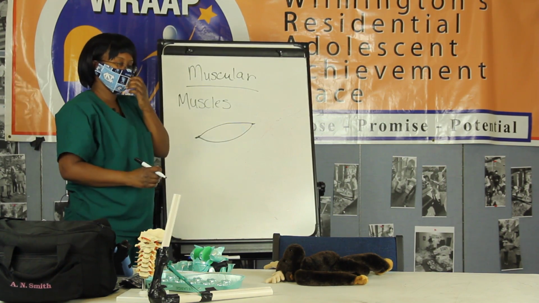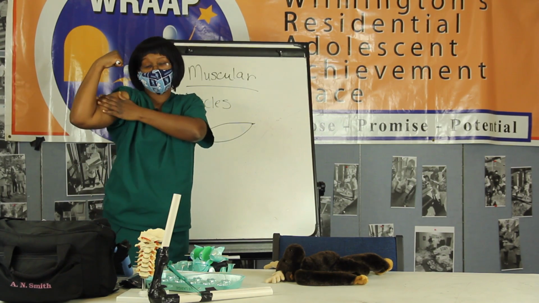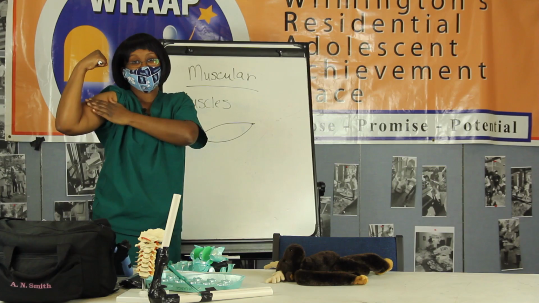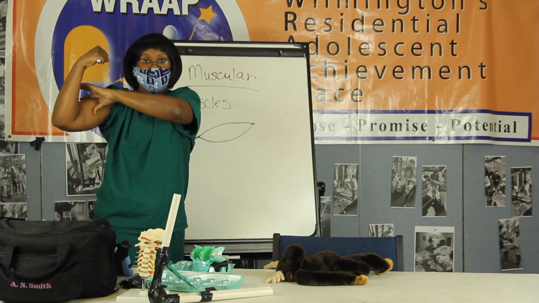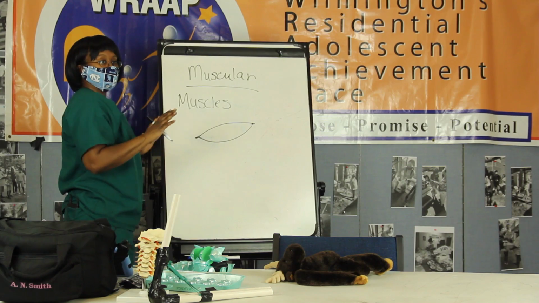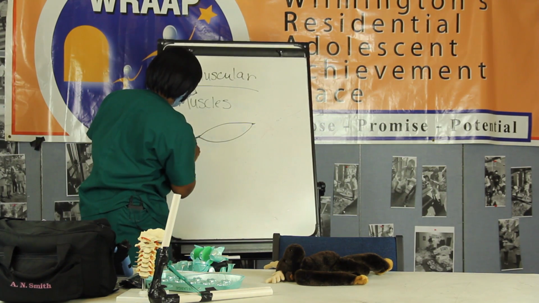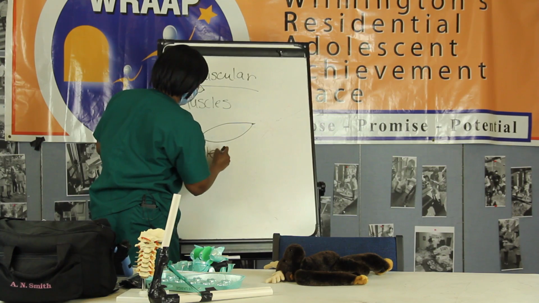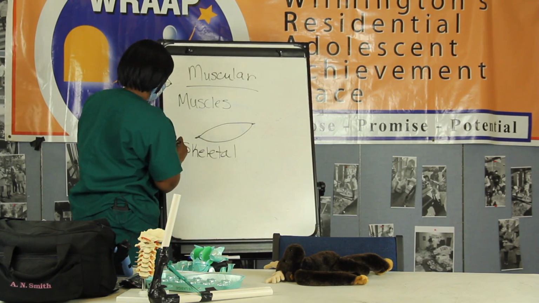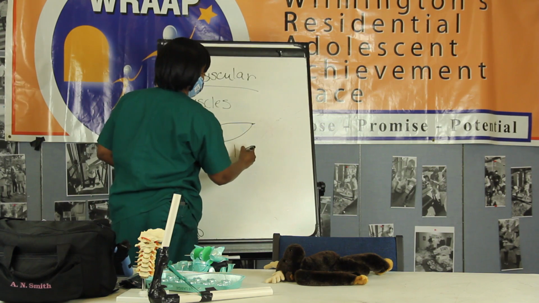And a lot of people, when you ask them to show their muscles, they'll say, I'll show mine a little bit. It's not as great as it used to be. But the muscle belly is right here in the middle. That's how muscles usually work. Now the skeletal muscle, because that's the first type of muscle, helps with movement.